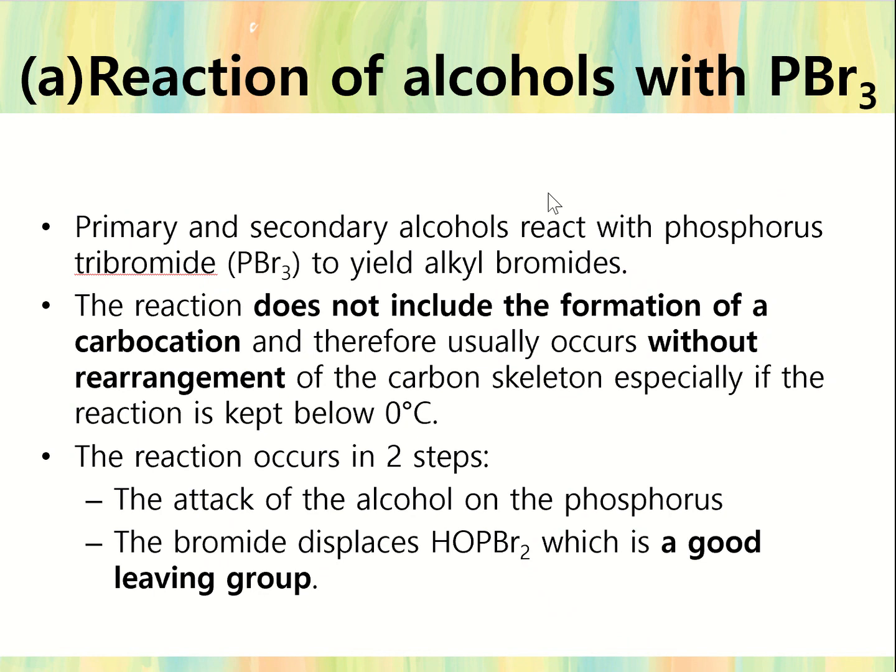The reaction occurs in 2 steps. First we have the attack of the alcohol on the phosphorus, and then the bromide displaces this species, which is a good leaving group.